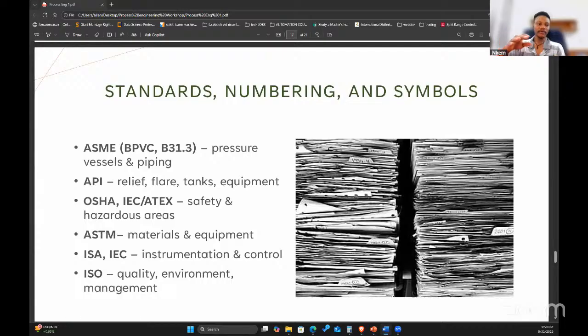So now you have a limit where you can operate between. Let's say you are allowed to operate between 0 and 4. So you allow approximately one bar, so that you don't ever get to 5 bar. Now this 4 bar becomes the pressure which you will use in designing your plant or your equipment.